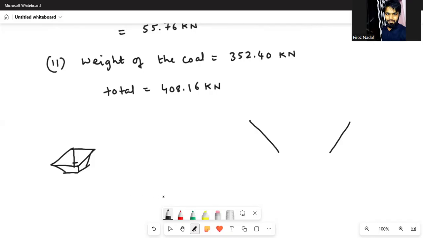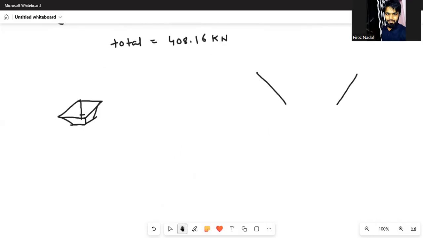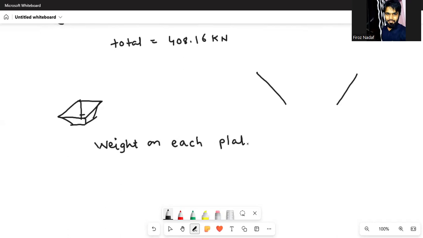So we need to find the weight on each sloping slab. How to do that, I will tell you. There are 4 plates, okay? So the weight on each plate of the hopper bottom. Each plate means each sloping slab of the hopper bottom.